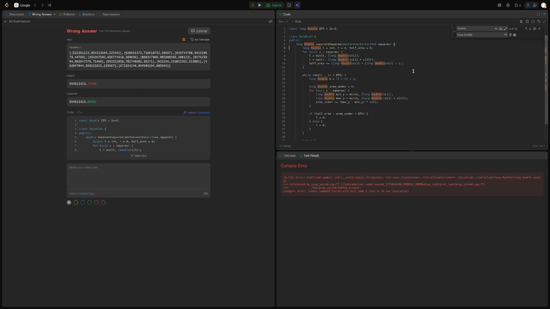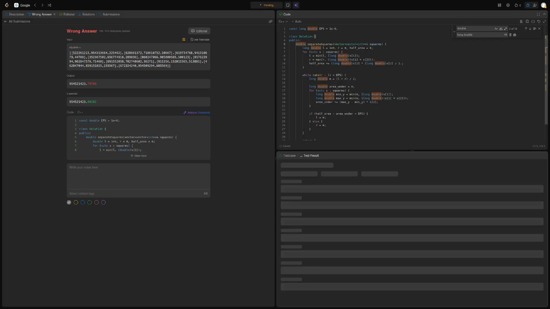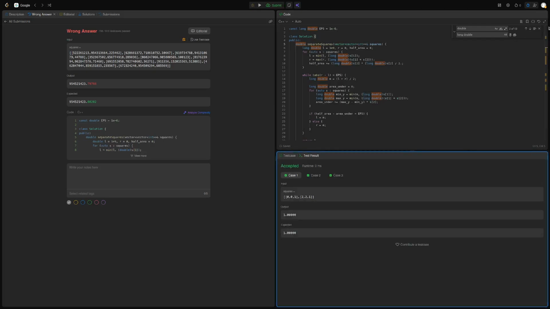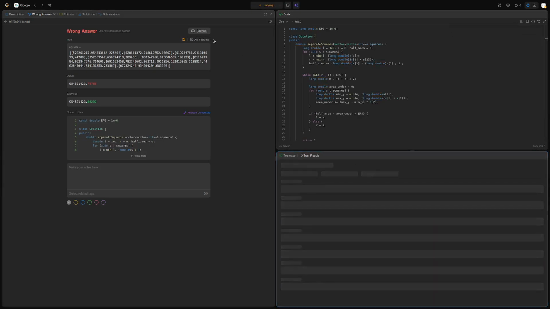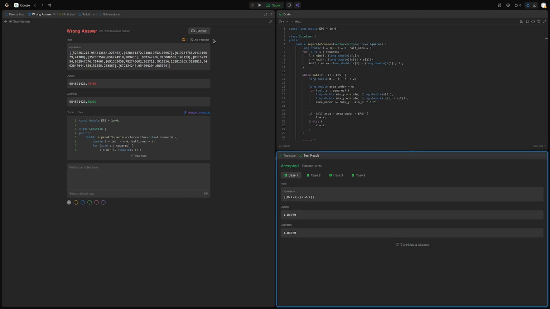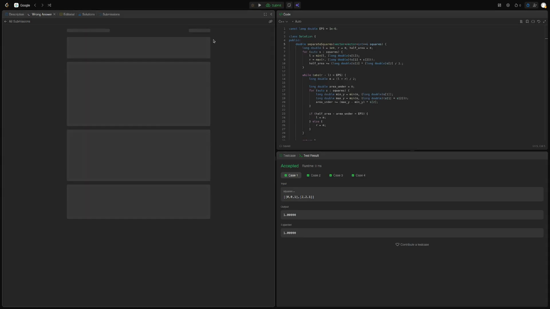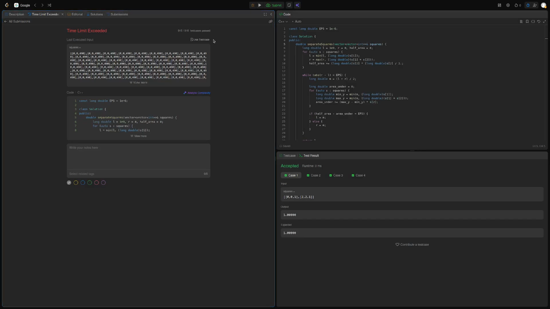Okay, just the function cannot change. Okay. Oh, that. Okay, 0 milliseconds runtime should pass. No, TLE on all but one case. It sucks.